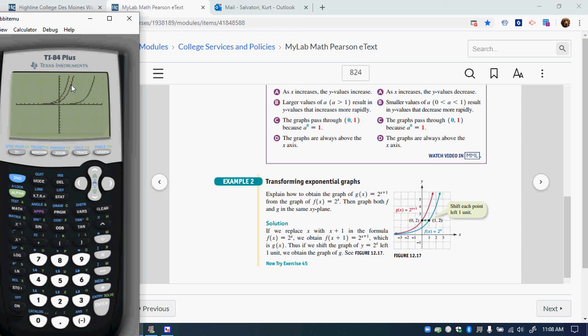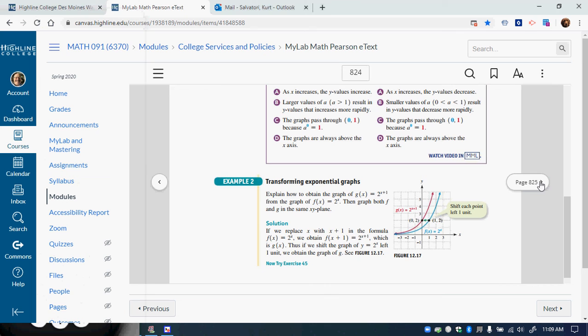It took the original equation and shifted it 5 units to the right. So when we are doing this, we want to make sure that we're aware that when we say 2 to the power of x plus 1, it actually moves the equation to the left. And if we say x minus 5, it moves it to the right. So that's kind of unusual. We didn't expect that to begin with.